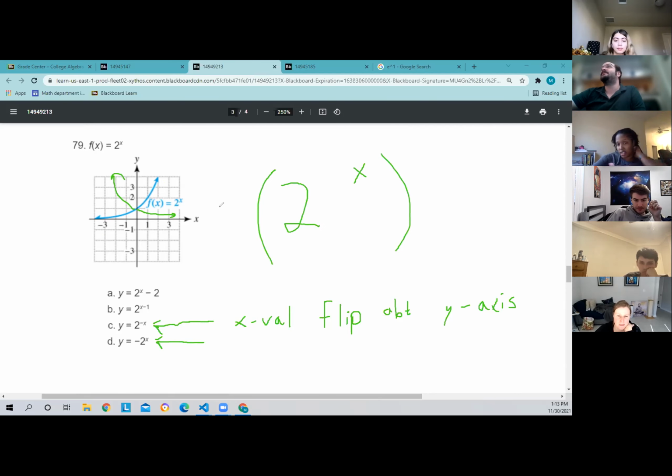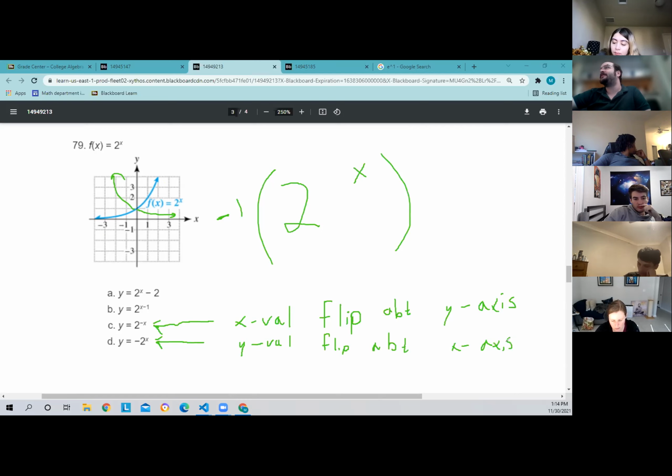Yeah, so now we're taking this 2 to the x function. We're not doing anything to this function itself, but we're coming on the outside of this function, sort of, right? And we're multiplying this by a -1. So this is happening to my y values. So my y values get flipped. And if I flip my y values, they're flipping about the x-axis.